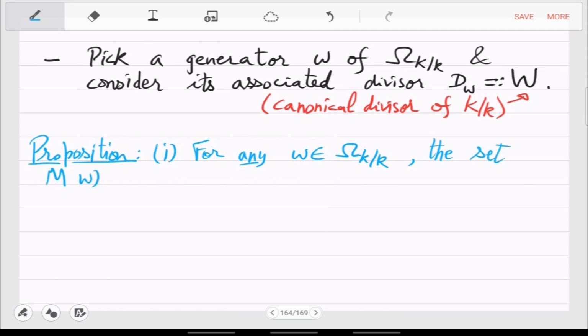the set M omega, we define it to be all the associated divisors, which means that omega is in omega D. So for a differential there may be many associated divisors, infinitely many. That set is M omega.